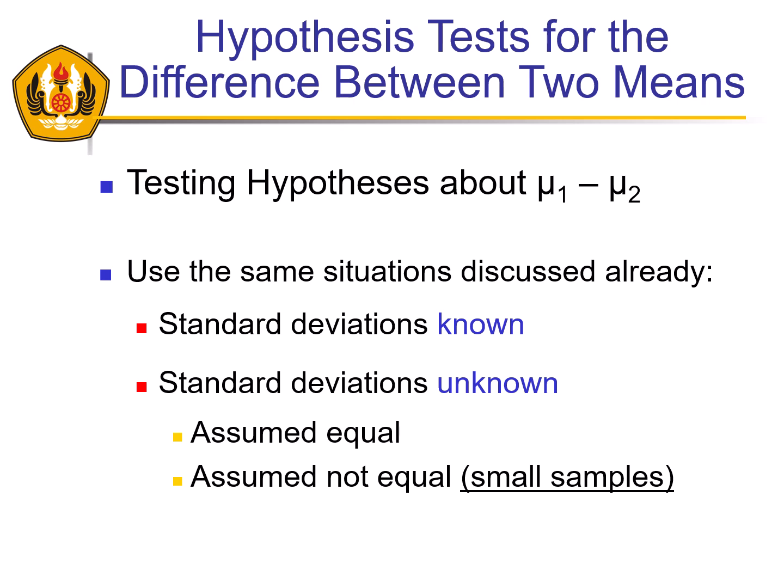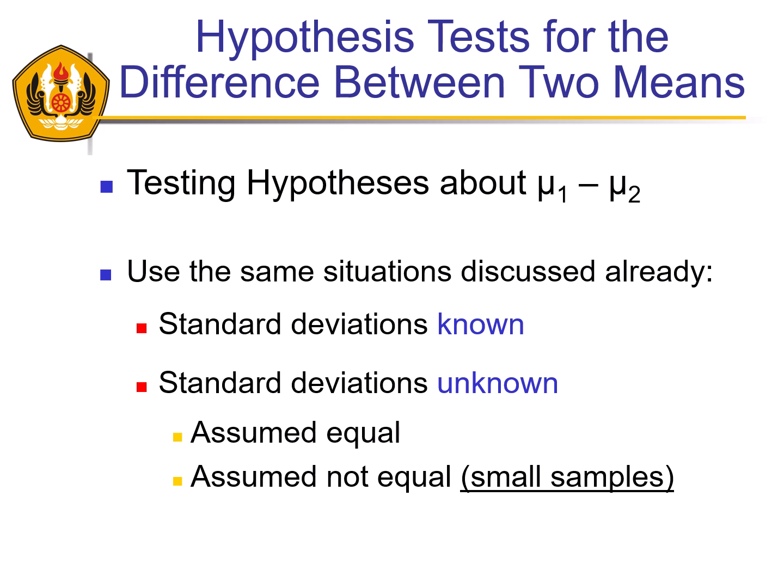Now we come to the hypothesis testing for the difference between two means. We want to test whether there is a difference between the two means, mu1 minus mu2. We will also apply the same situations, like standard deviations known and standard deviations unknown.